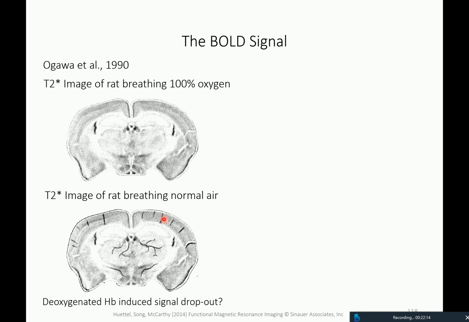So these black spots here, this is essentially the fundamental starting point for combining MR imaging and changes in the oxygenation of hemoglobin.